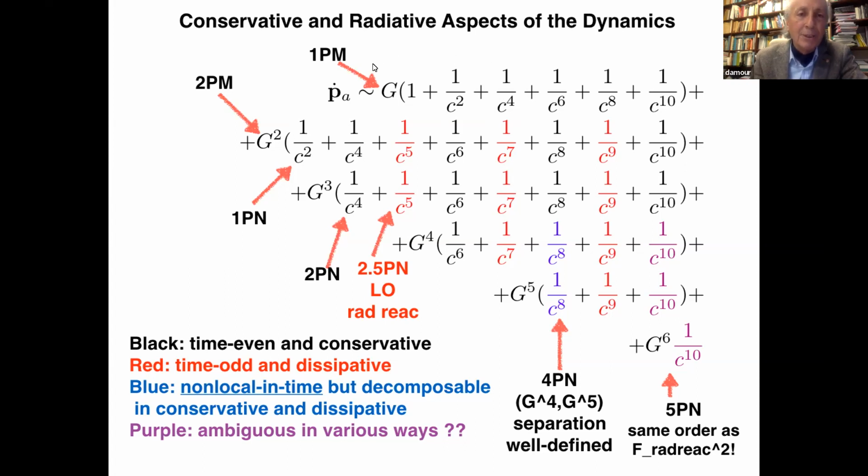Then you have terms which are first order in Newton's constant, which are also called one post-Minkowskian, okay?